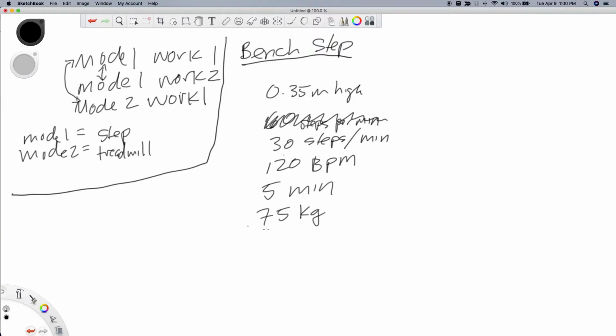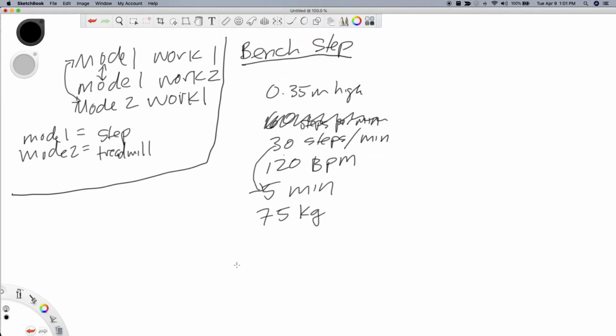We have time, rate, and the pace, so we know how many total steps we're going to take. If we take 30 steps per minute, then over 5 minutes, it's going to be 150 total steps. 150 times 0.35 gives you the total vertical distance, and that's part of how you calculate work.